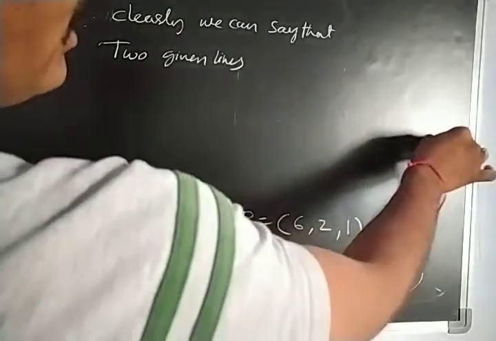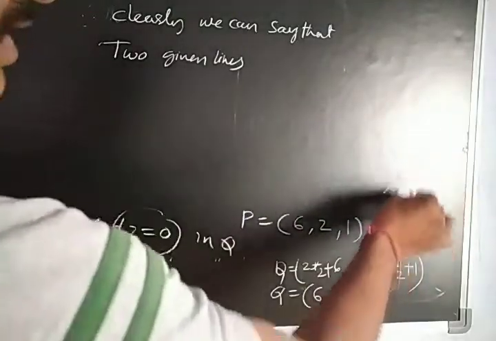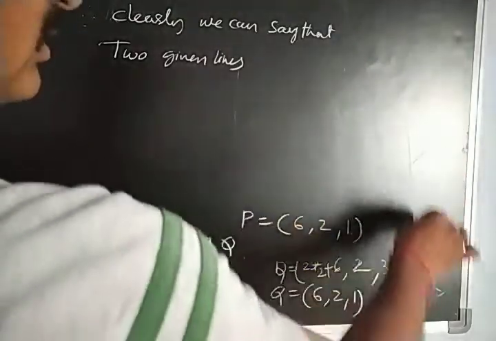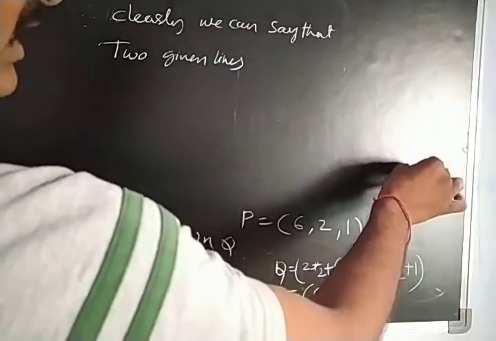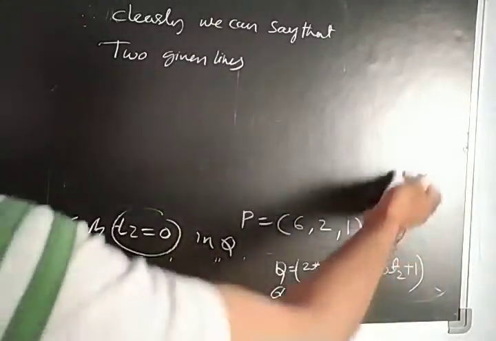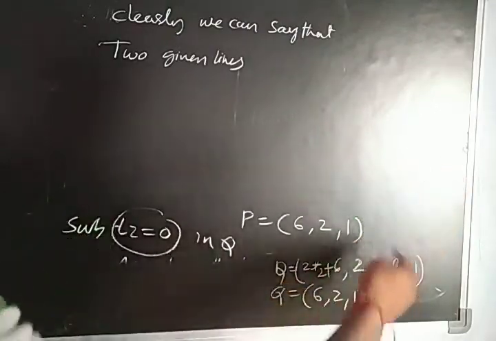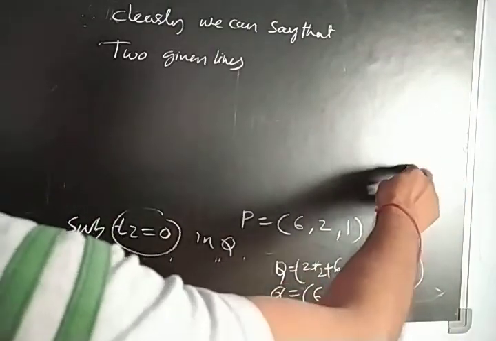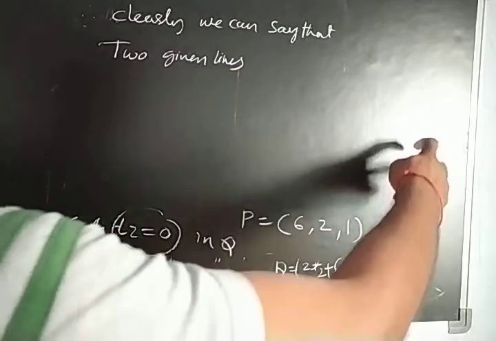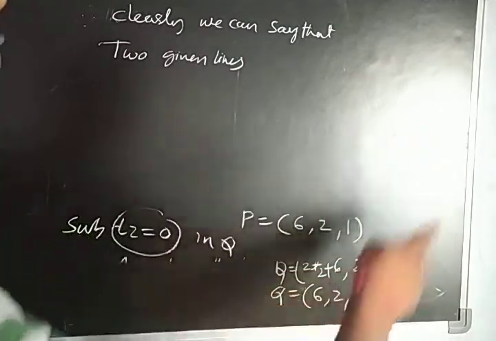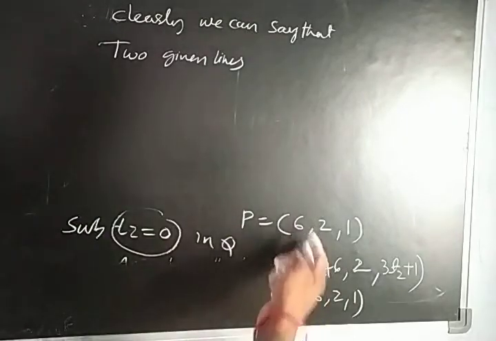On the first line L1 we have taken any point P, on the second line L2 we have taken point Q. If they are equal, automatically the arbitrary points are equal. That means they are intersecting. If they are intersecting, then only will a point on the two straight lines be the same. We got P equal to Q.